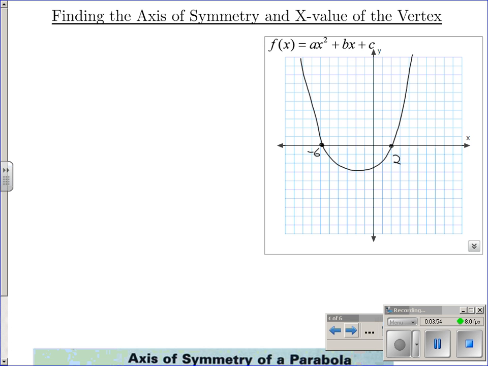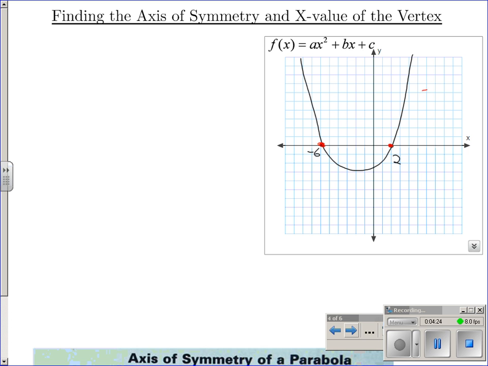Parabolas have symmetry. That means there's an axis of symmetry, and it goes right down the middle through the vertex. Because it's symmetric around that vertical line through the vertex, the left and right halves are equal to each other. So where is that axis of symmetry? It should be halfway between these x-intercepts. How do you find the halfway point between two numbers?